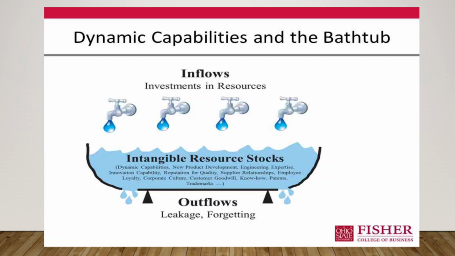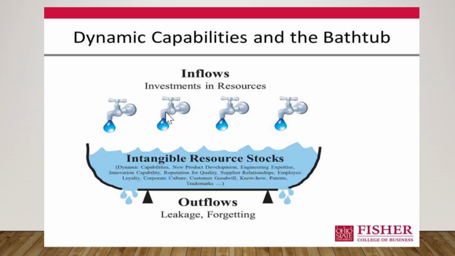So, intangible resource stocks are built through investment over time. And then, ito yung mga investment natin, which is represented by the faucets from which water flows into the tub. So, dito nakabase din yung level of intangible resource stock natin, kung gaano kadami yung investment natin in resources.